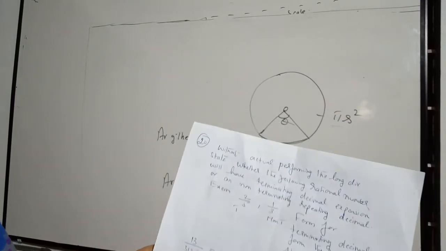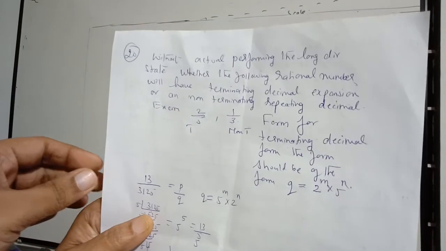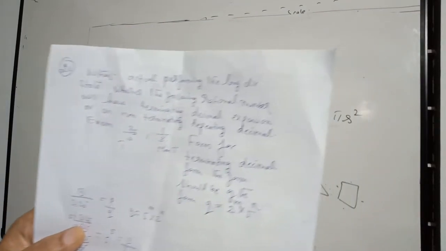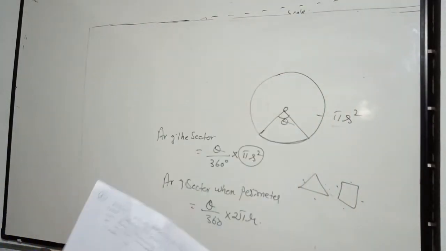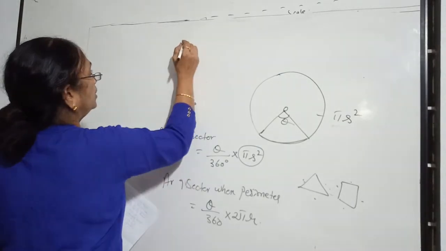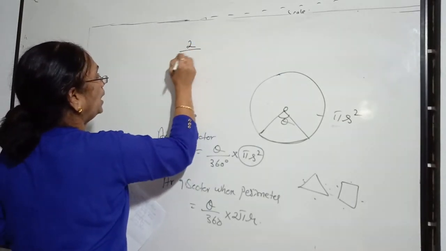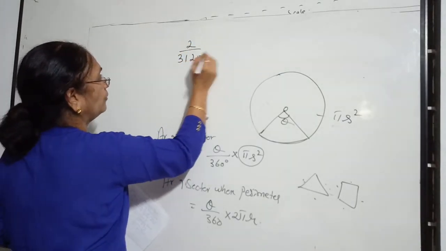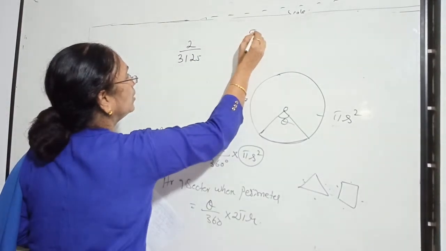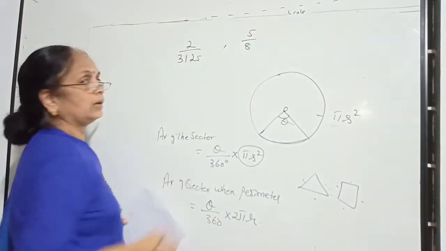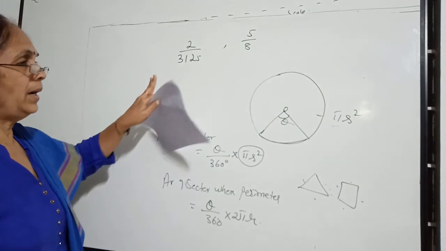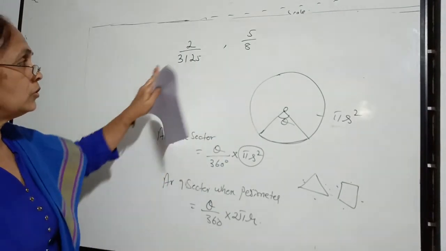So I think I would discuss it afterwards. Okay, one sum I will give you. This I can tell, 2 by 3125. The second one I can give you as 5 by 8. Now don't go to divide it, just without actual division.